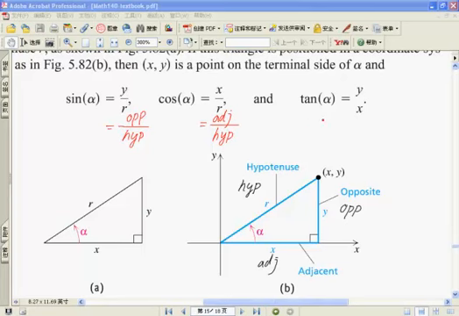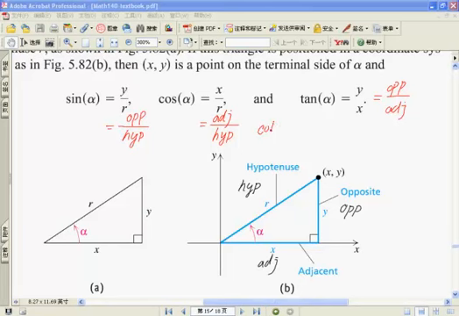And tangent alpha is equal to the opposite over the adjacent. And similarly, we can get the other three trigonometric functions.